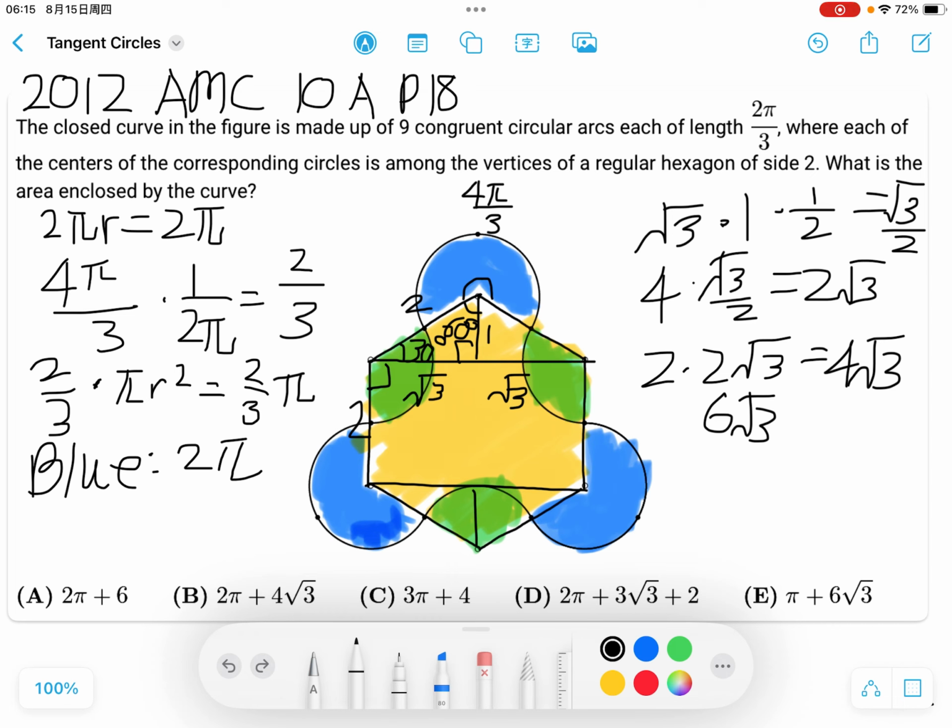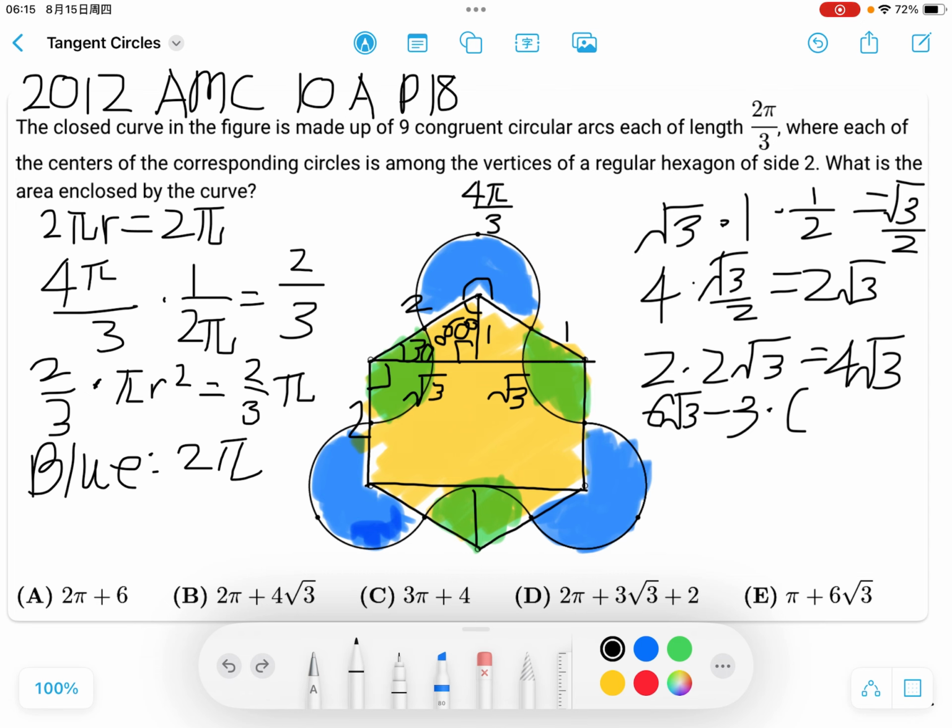So we want to subtract from that the area of these green circle sectors. So you take 6 root 3 minus 3 times the area of one green sector. Okay, so we are given that this arc length here is actually 2 pi over 3, and we know that the radius is 1.